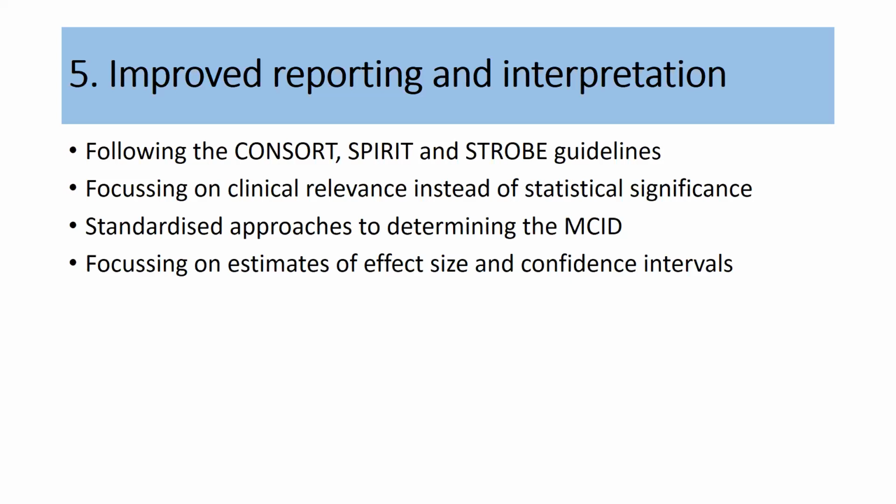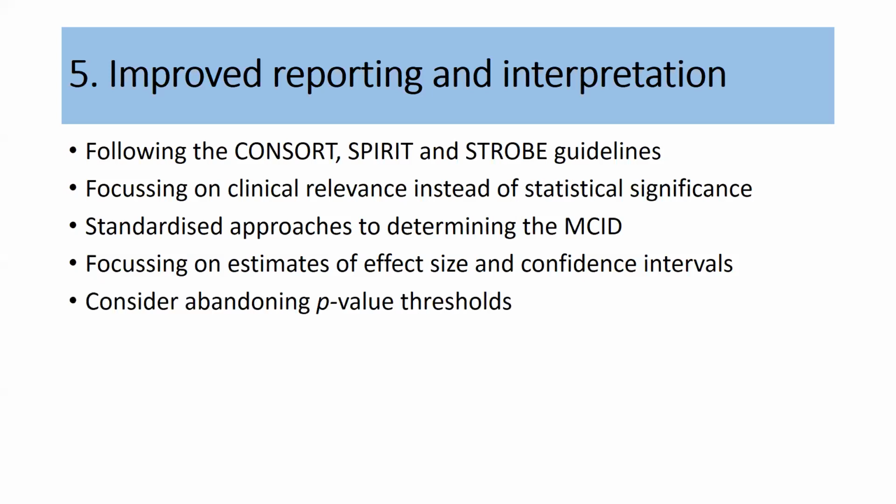Often where your p-values are not statistically significant or your p-values are large, focus on estimates of effect size and confidence intervals rather. This will help you to distinguish between truly negative results and actually inconclusive results. So whether the clinical importance matches the lack of statistical significance or not, so whether a type 2 error has been made or not.